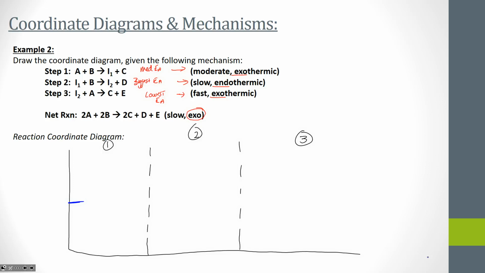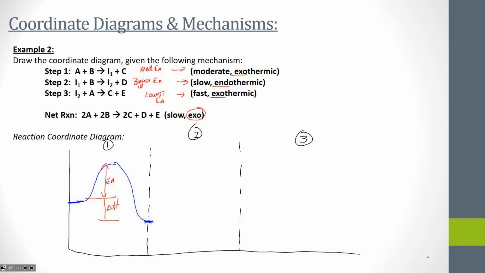So I'm just going to draw a medium-sized hill, whatever I feel like. And because this reaction is exothermic, I have to end below where I started. So I'm going to bring this curve down and end there. Now if I look here, here's my EA and here's my delta H.